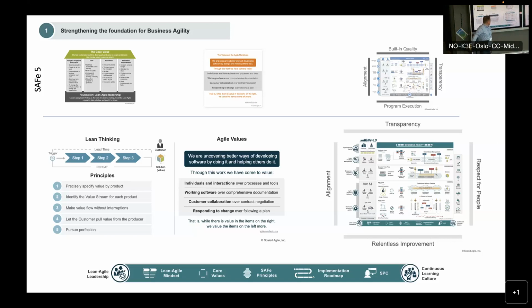And we'll look a bit more at the lean thinking part of it. A lot of the House of Lean stuff is implicit and moved into the other underlying parts, so they're focused more on the lean thinking principles. And as I said, they brought continuous learning into the foundation.